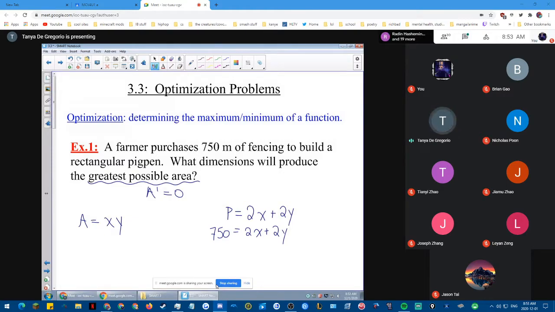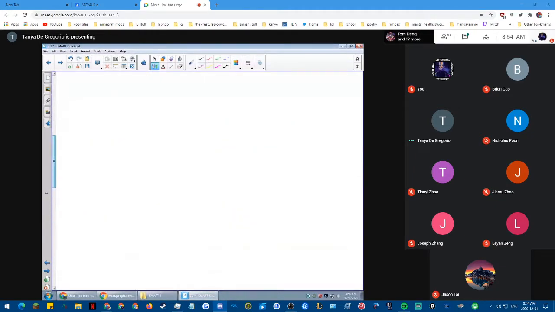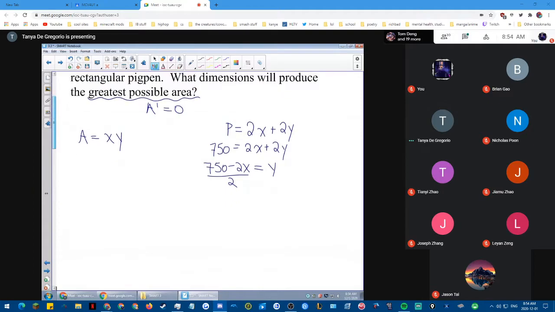So I can see that 750 minus 2x equals 2y, and then I just divide by 2 to get y. And so y is equal to 375 minus x, dividing everything by 2.